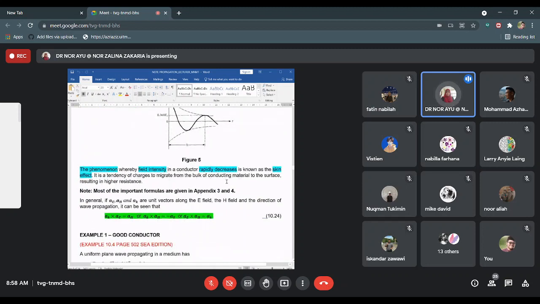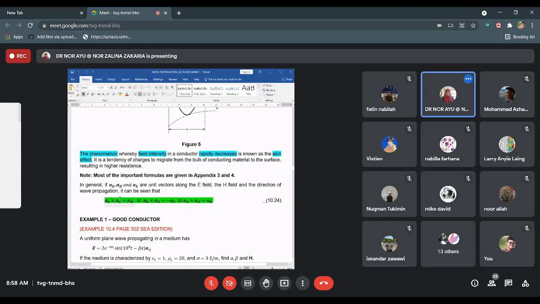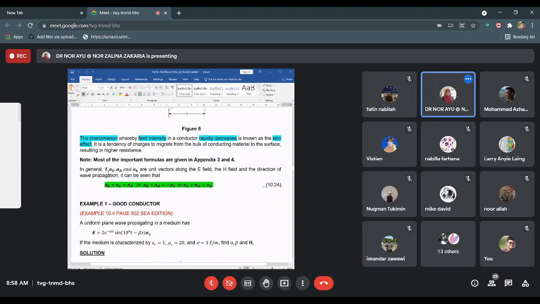Okay, and another important one that you need to know is this. In general, before this, we had a cross product where we have X, Y, and Z, and then we have rho, phi, and theta, and so on, for different coordinate systems.